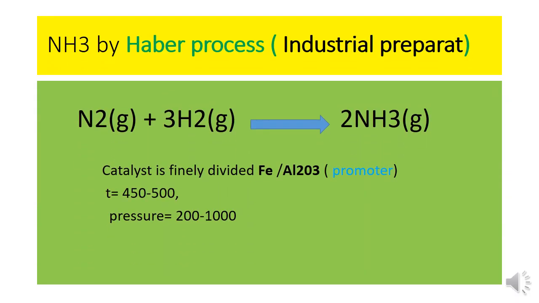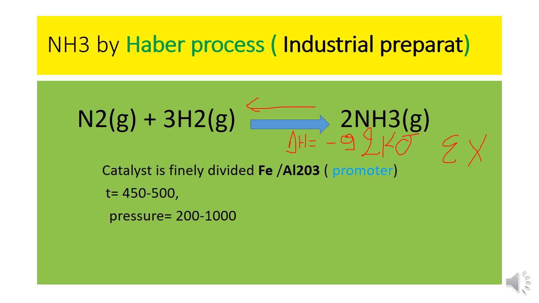Let us continue with the next slide to see the production of ammonia. It occurs by the Haber process, industrially. Remember this, it is a reversible reaction. Also, this reaction is exothermic, meaning the heat change is negative, because heat is given out.